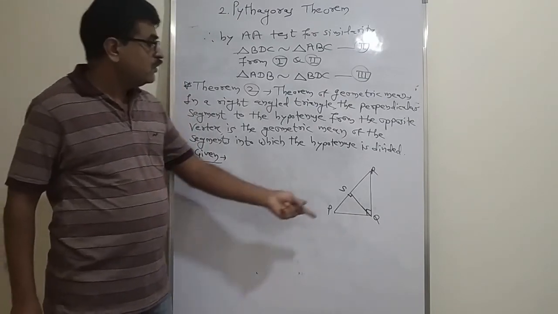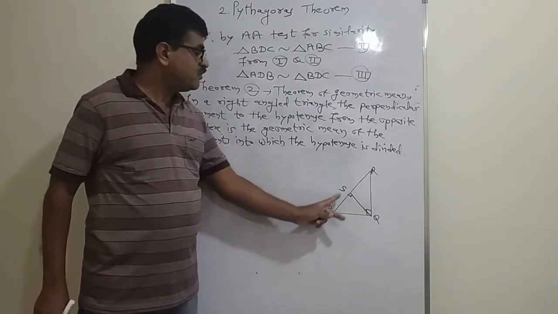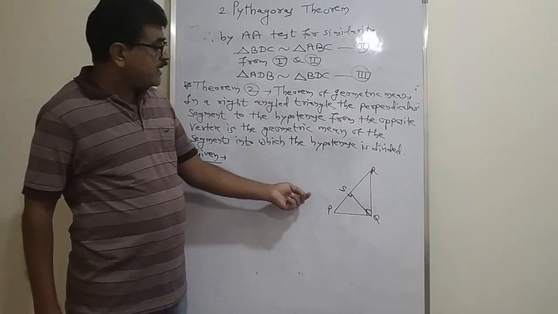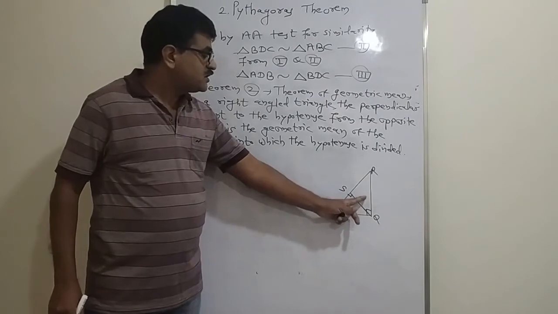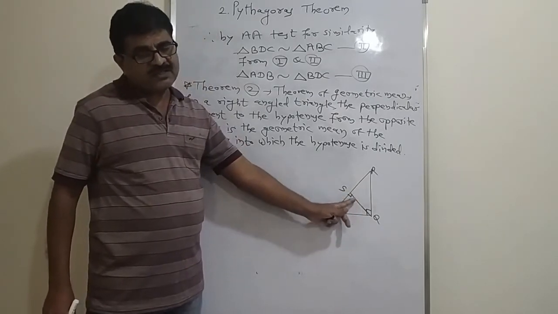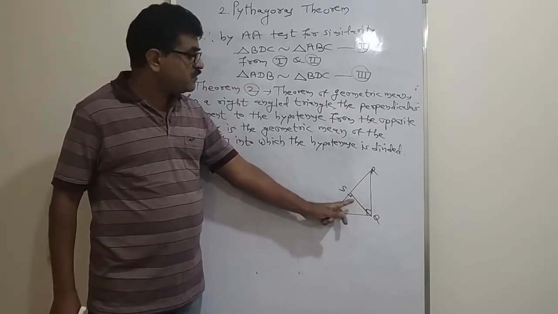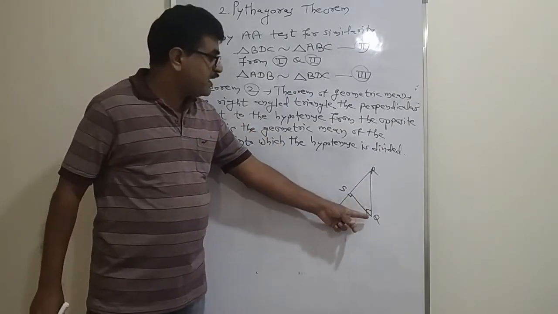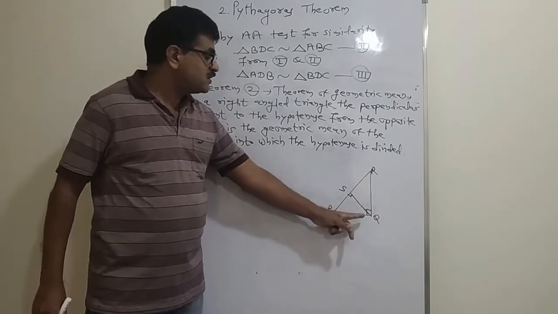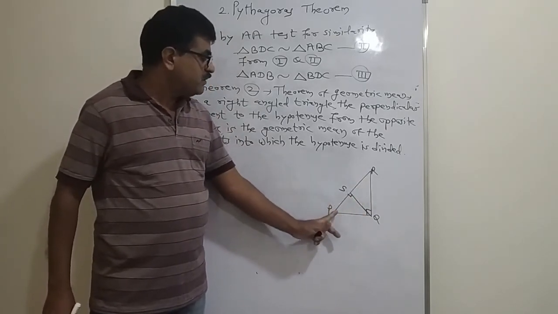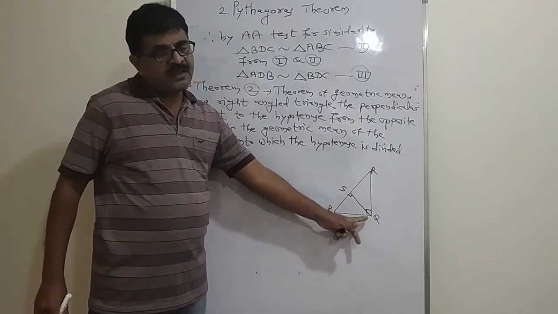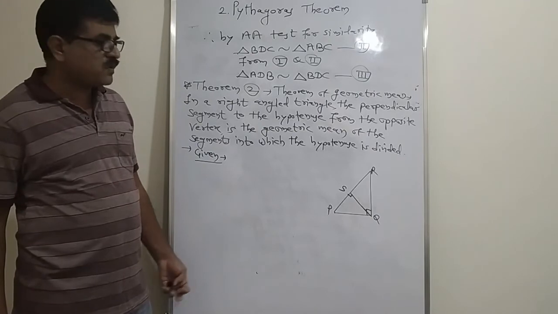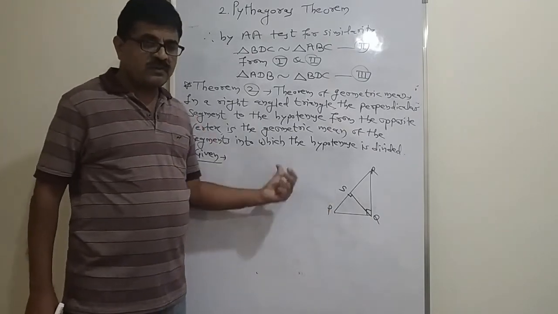We have to prove QS square is equal to PS into SR. Now we know that these two triangles are similar to each other and these are similar to this original triangle also. Now from this we write triangle QSR similar to triangle PSQ. By using the property that corresponding sides of similar triangles are in proportion, we prove this.